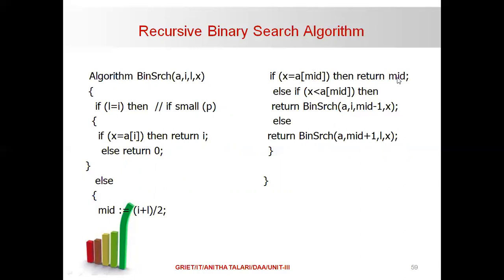If it is true, you're going to return the middle position. If not, you're going to check whether the element you're trying to search is less than the middle element. Then you're going to call the binary search function by making the necessary changes. Else, you're going to call binary search recursively again by making the necessary arrangements to the lower bound and upper bound.